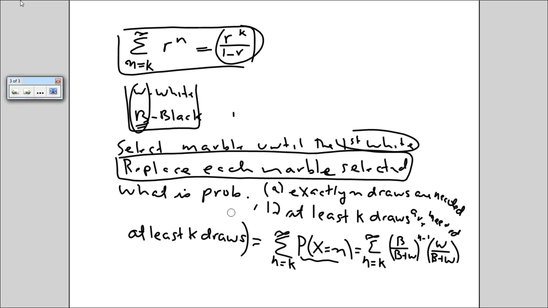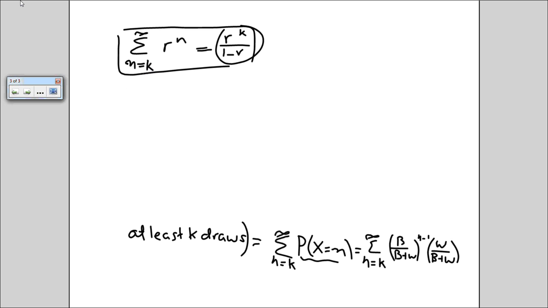I'm going to erase all of this material. I'll leave the formula on top. Okay, so what we need to do, I'm just going to recopy this down.